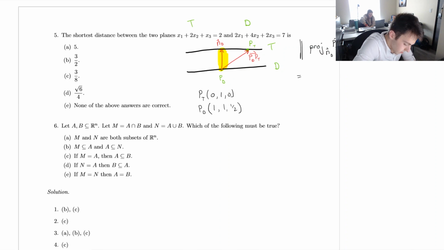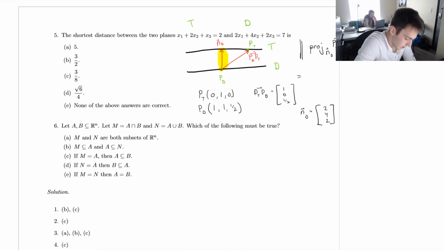So for the vector between the points, I'm sure you know how to do this at this point. We just subtract, so we would get 1, 0, half. And sorry, this should say point T to point D. And then we've got the normal: the normal of D is equal to 2, 4, 2.